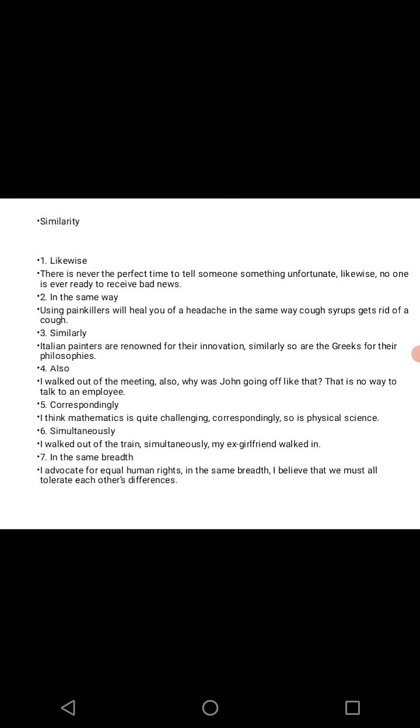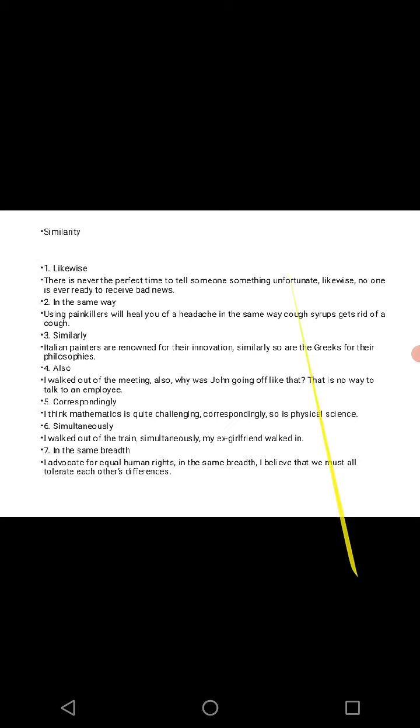Sixth is simultaneously. Their example is: I walked out of the train. Simultaneously, my ex-girlfriend walked in. Seventh is in the same breath. Their example is: I advocate for equal human rights. In the same breath, I believe that we must all tolerate each other's differences.